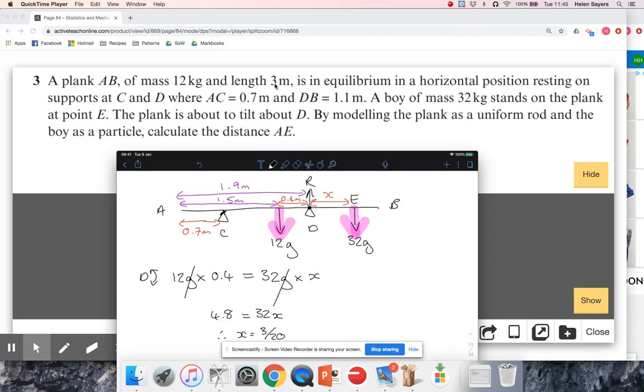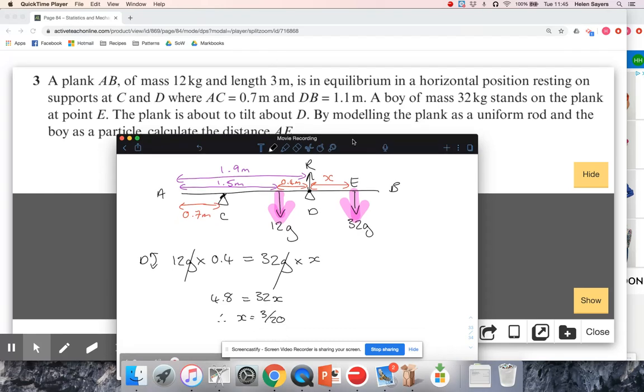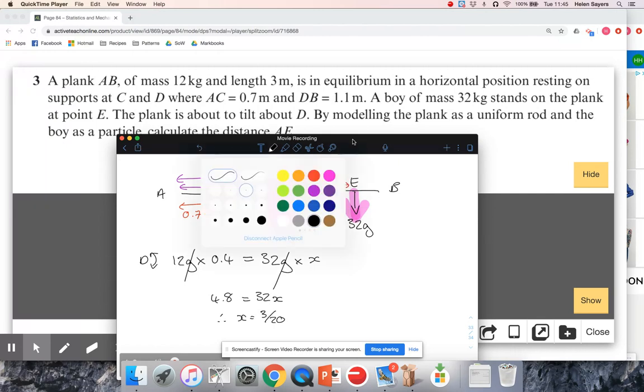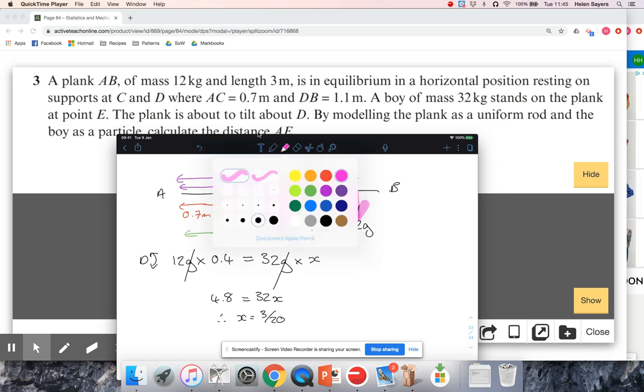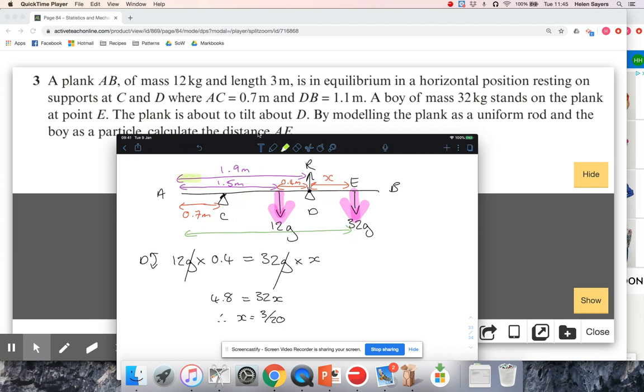Okay, and then I just need to be really careful because that's not my final answer. They want the distance. Let's find a nice colour we haven't used. The question actually asked me for the distance AE, so that is that whole distance there. Well, I know that that was 1.9, and I now know that this is 3 over 20.